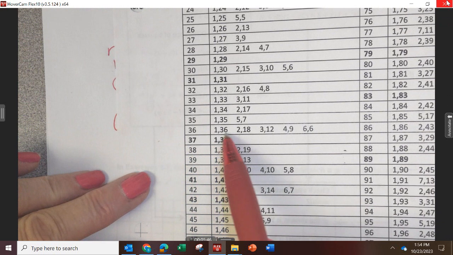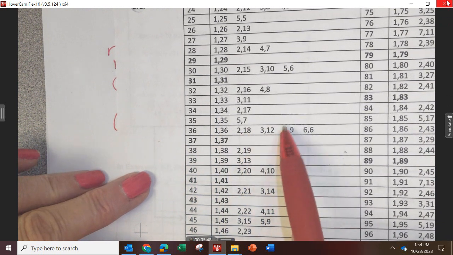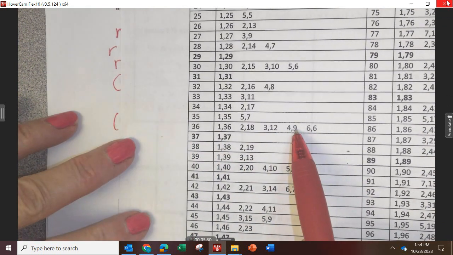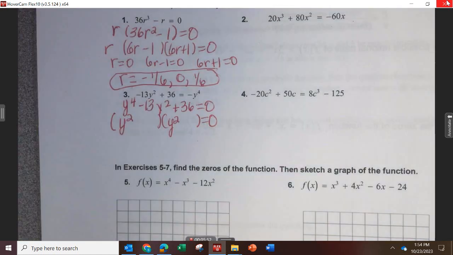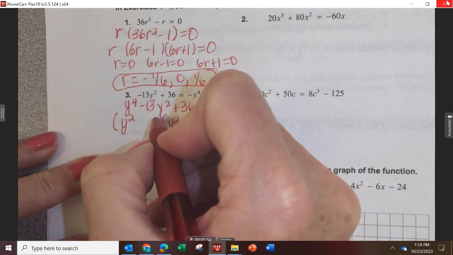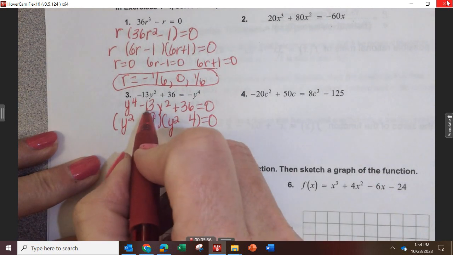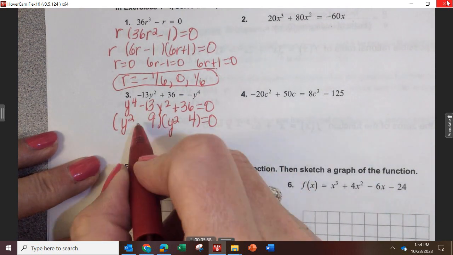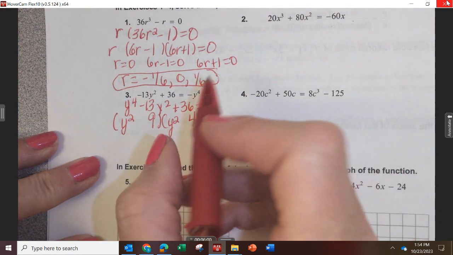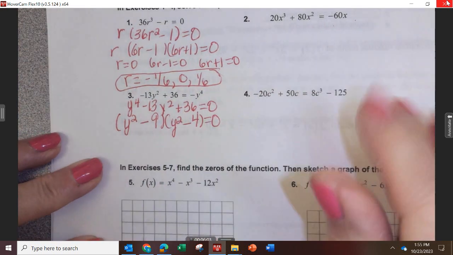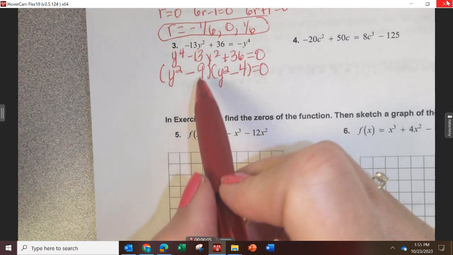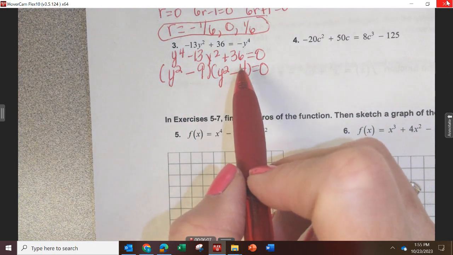All of our factors of 36 are listed. And we want the ones that would add to be 13, and so that's going to be 9 and 4. Now, we want them to add to be a negative 13, so what do we need the signs to be? Negative on both.